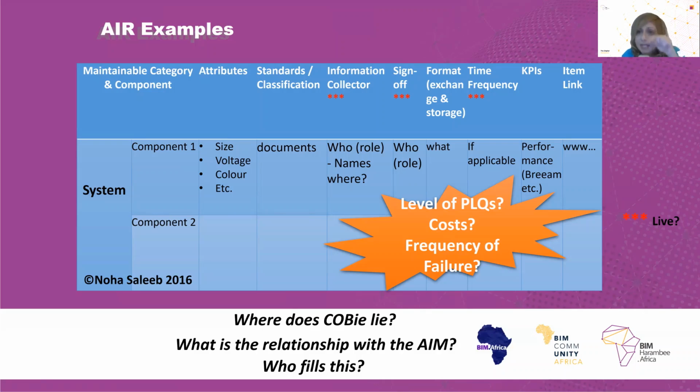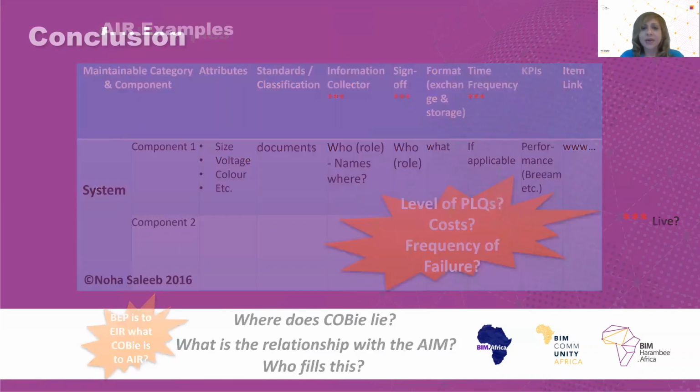We could have placeholders inside the AIM, and those placeholders have a link to external files or models containing the details, the prescriptive details and models of these particular components. And as I said, I believe that the BIM execution plan to the exchange information requirements, it's the answer to it, just like the COBie is the answer to the AIR.